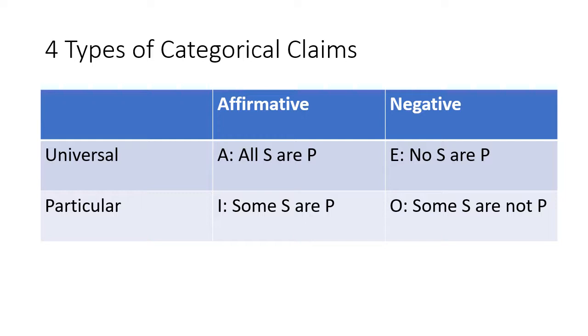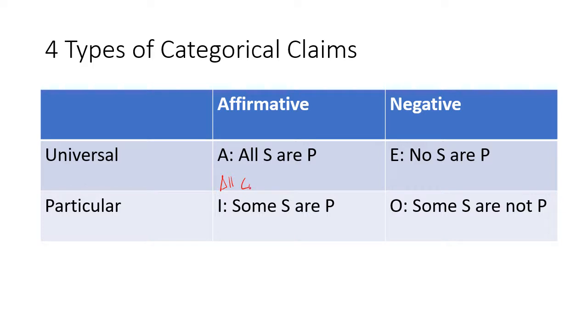Starting with the universals, we have a universal affirmative and a universal negative. Remember, what makes them universals is that you're talking about everything in the subject category, everything that is an S. The sentence "all cats are mammals" is an example of a universal affirmative.